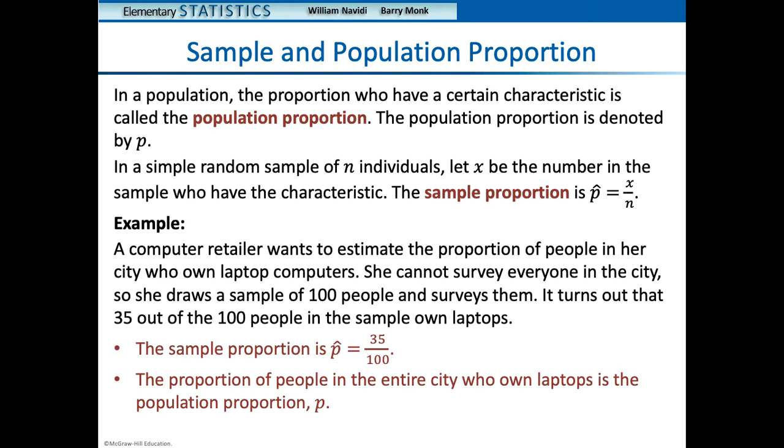So then the sample proportion is found by taking the 35 people in the sample who own laptops, and dividing that by 100, the number of people in the sample. That would be distinct from the population proportion. The population proportion would be the proportion of people in the entire city who own laptops. And that would be the value of p.